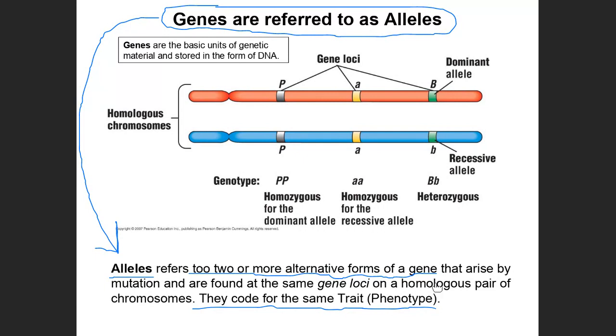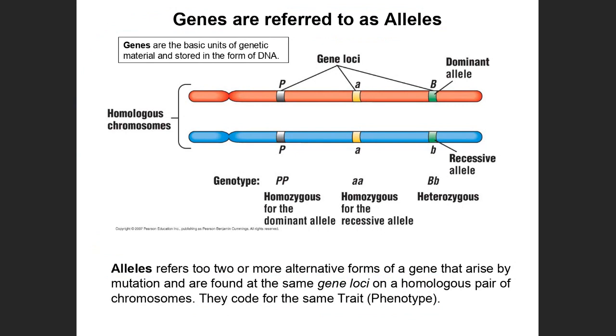Now, notice something in this definition here also. The terms gene loci and homologous pairs of chromosomes. Up here, they're showing you a homologous pair of chromosomes. If you recall, on a human karyotype, if we compare a male versus a female karyotype, at a minimum, okay, this is the question I'm asking y'all.